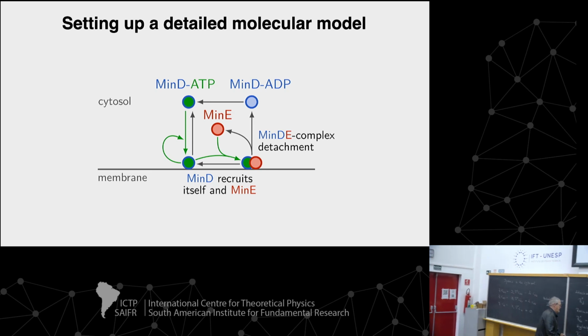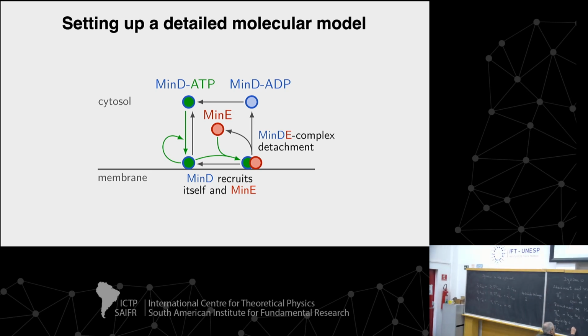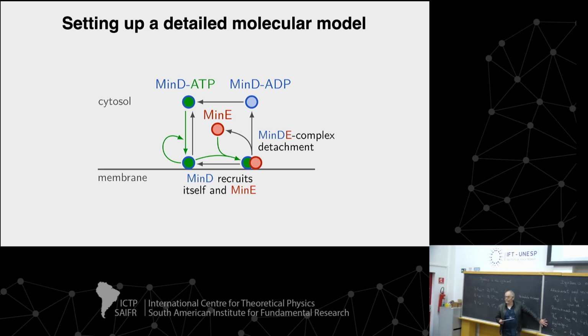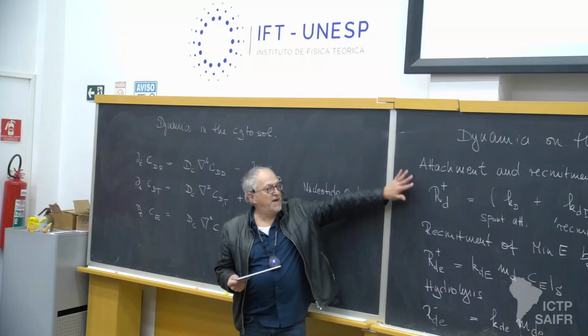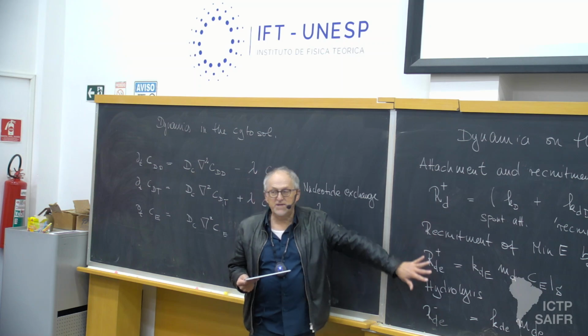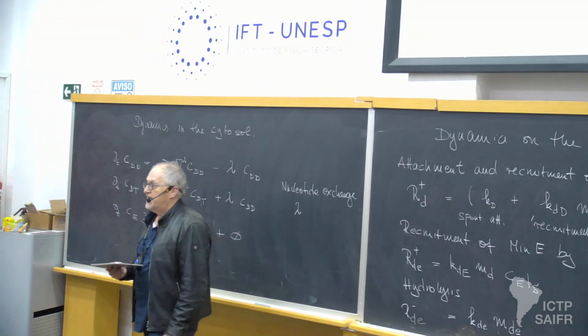Well, this is then another rate that I call k_DE, and I need another concentration because this is now proportional to the concentration of the heterodimer made out of min-D and min-E. And that's it. So there are three processes happening, and these three processes, according to mass action law, are written down by these equations.